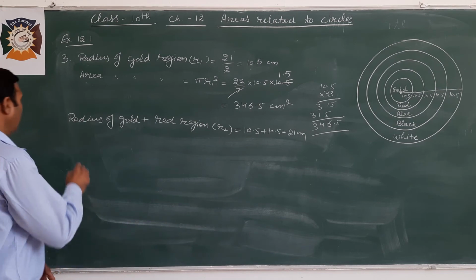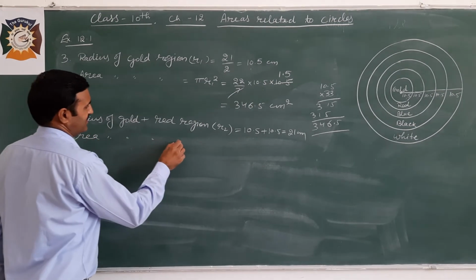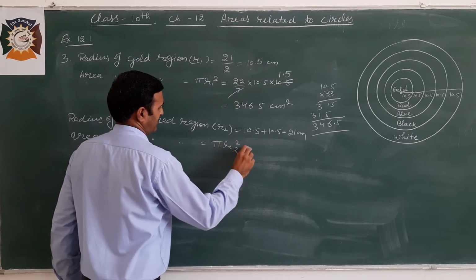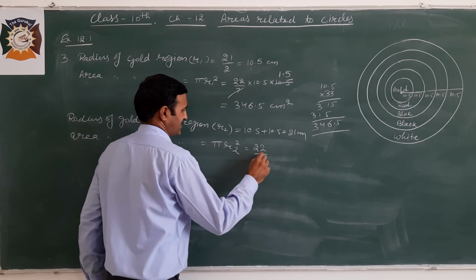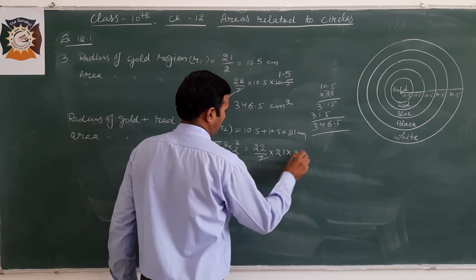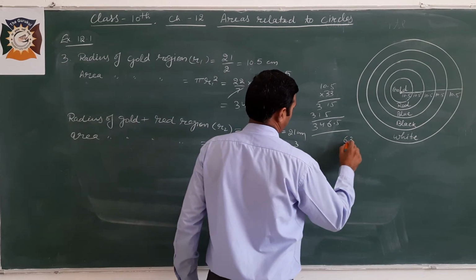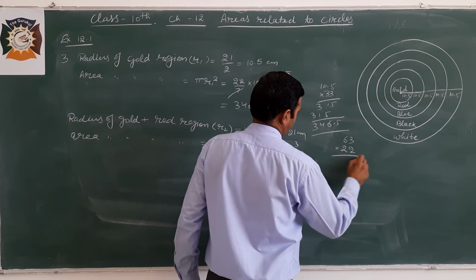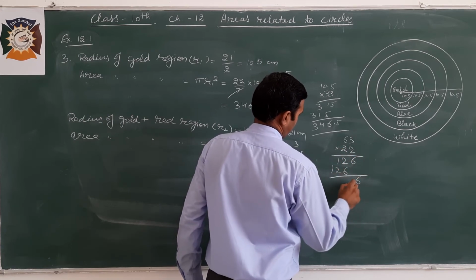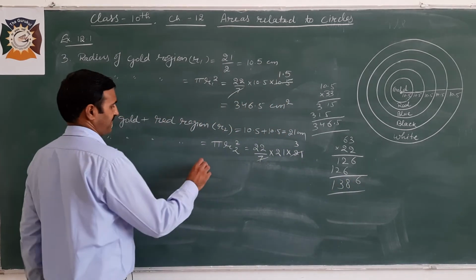And now area of gold plus red region is pi R2 square. Pi is 22 by 7, R2 is 21. I'll multiply, 1386.